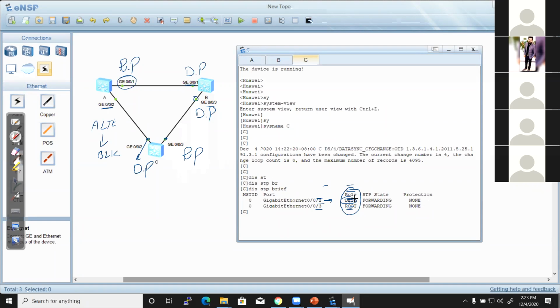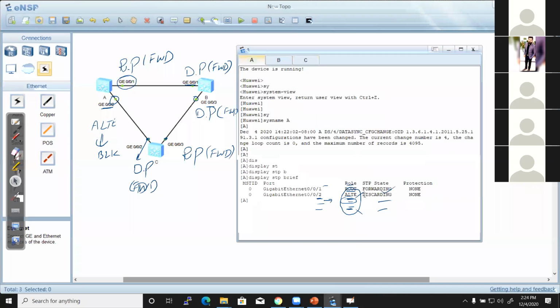And all the designated ports and root ports are always in which state? In the forwarding state. They always act in the forwarding state. This is also in the forwarding state. But this port, which is in the block state, you can see is in the discarding state.